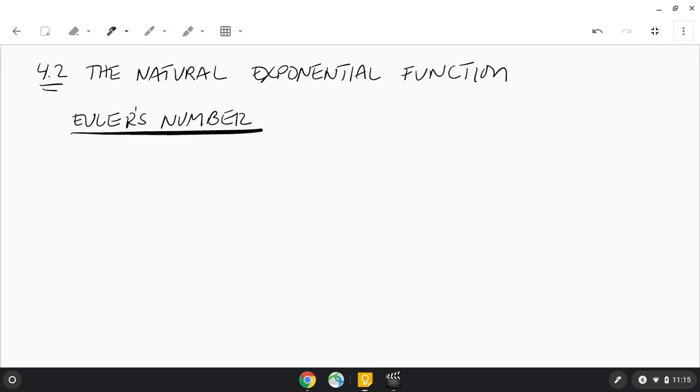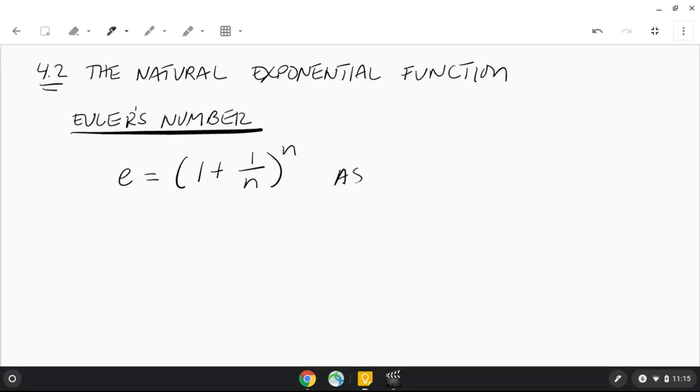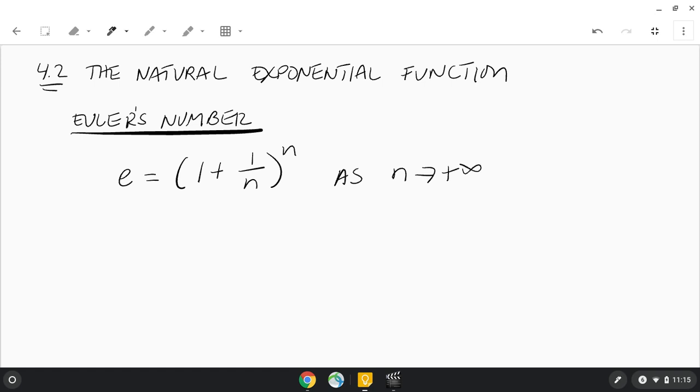The number e is equal to 1 plus 1 over n raised to the n power as n gets very, very large. So there's usually a limit involved with this. As n gets very, very large, the answer just sort of tapers off and is basically 2.718.